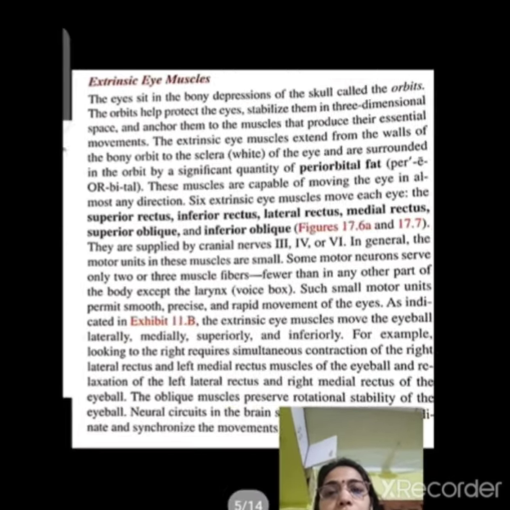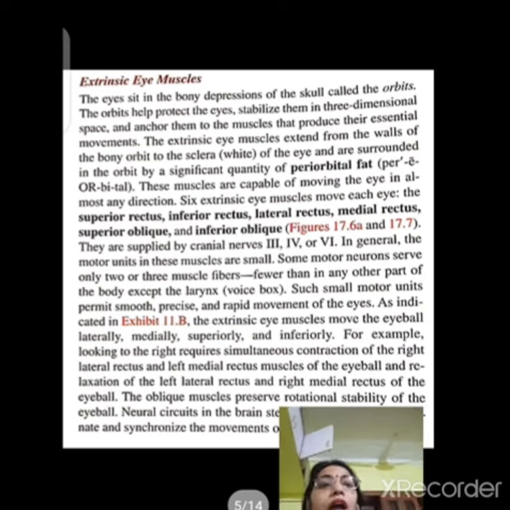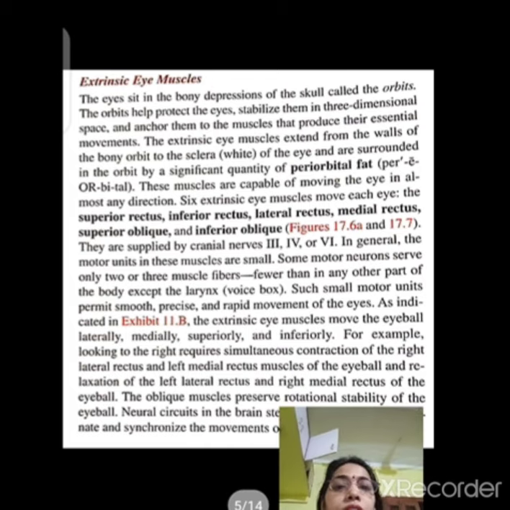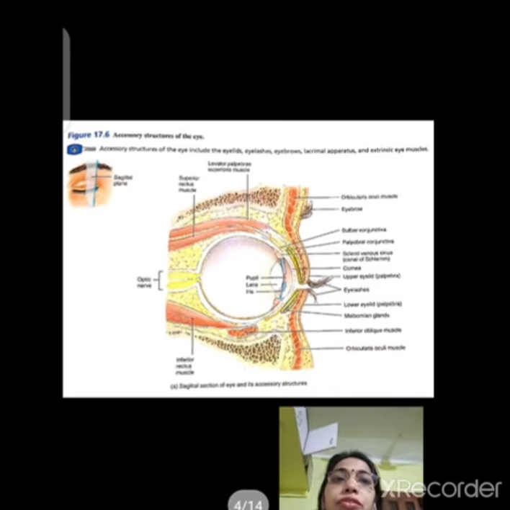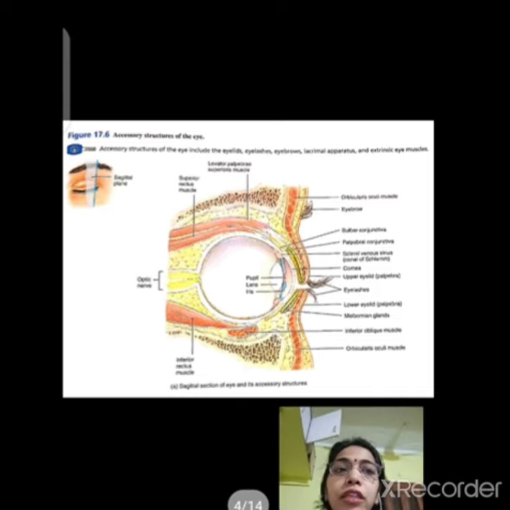Next, you can see how the extrinsic eye muscles work and what the various functions of those muscles are. The extrinsic eye muscles sit in the bony depressions of the skull called the orbits. The eye is situated in the orbits.